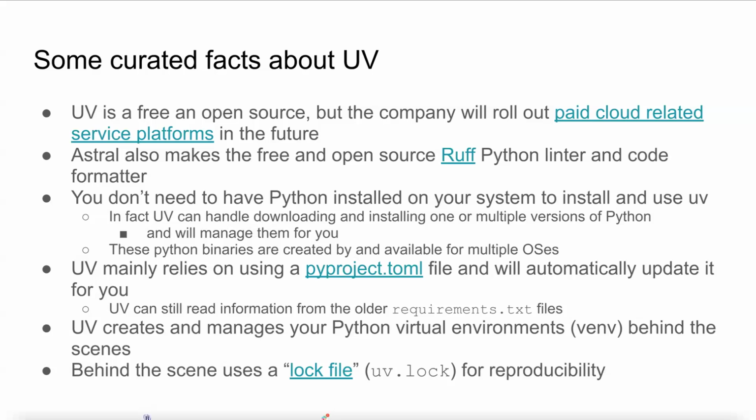UV can still read the older requirements.txt files, and I'll show a workflow for that a little bit later. And just like Jeremiah mentioned, behind the scenes, UV will handle the virtual environments, creating them and activating them, so there's less syntax for you to learn. So it is very surprising and it's almost addicting. Once you start with UV, you may not want to turn back.